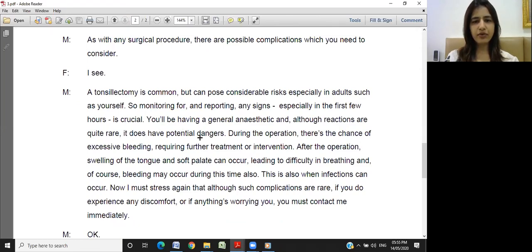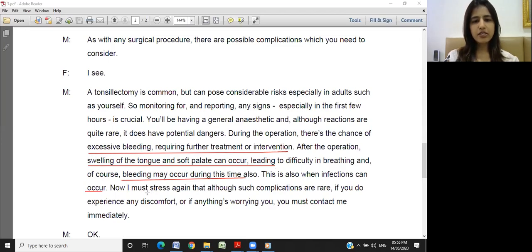Okay? They can have dangers like excessive bleeding, they may require further treatment, they can have swelling, difficulty in breathing or bleeding, and infections can also occur.